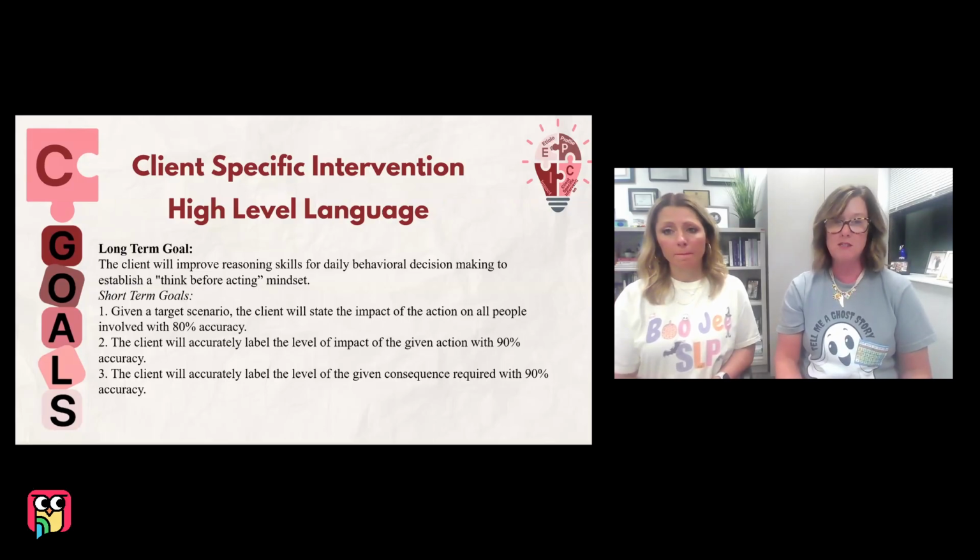So one of our goals is to target a specific scenario that we give him and have him state the impact that the action will have on all the people involved. Really important for him to think about how his behaviors, dysregulated responses, are making other people feel.